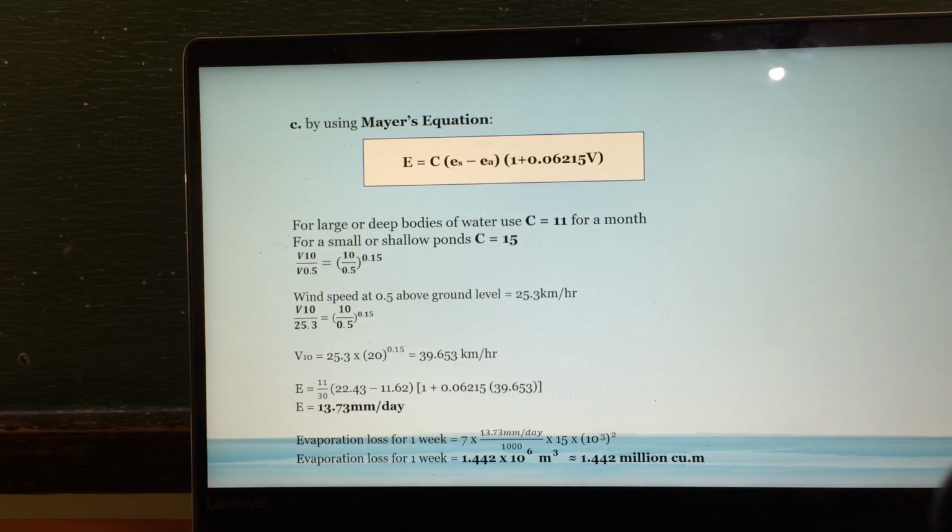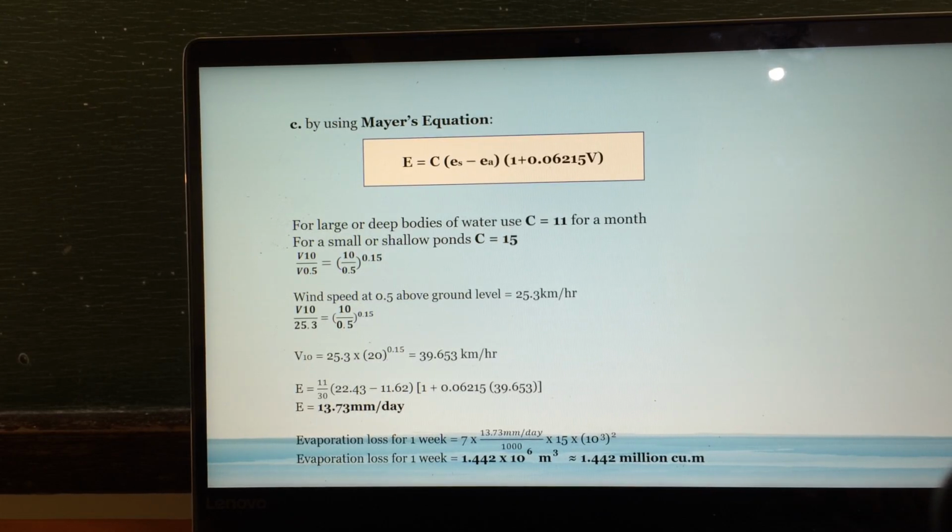E is equal to 11 over 30 times the quantity of 22.43 minus 11.62, times the quantity of 1 plus 0.06215 times 39.653, where E is equal to 13.73 millimeter per day.